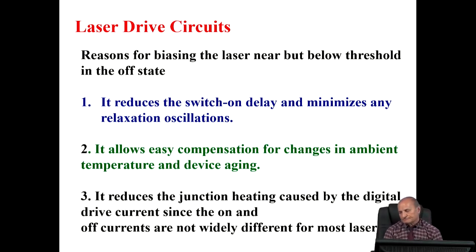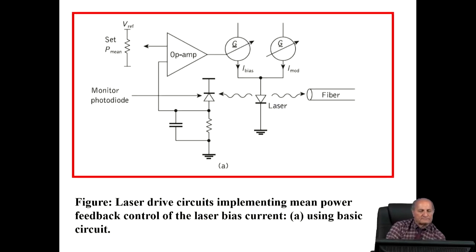So usually in digital intensity modulation, when the laser is driven to the off state, the current is not switched to 0, it is switched to near threshold, just above threshold.